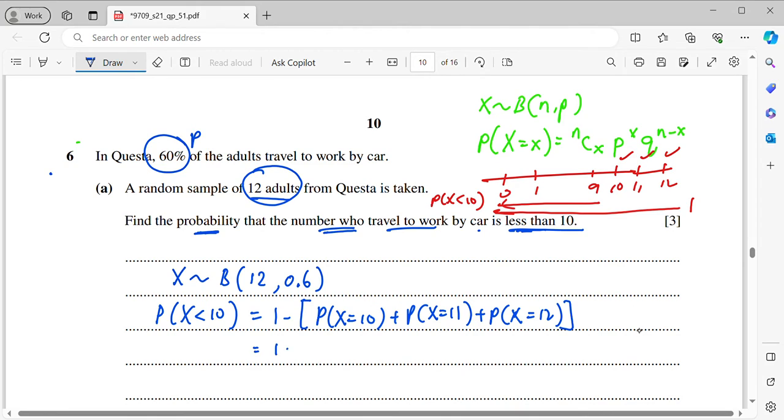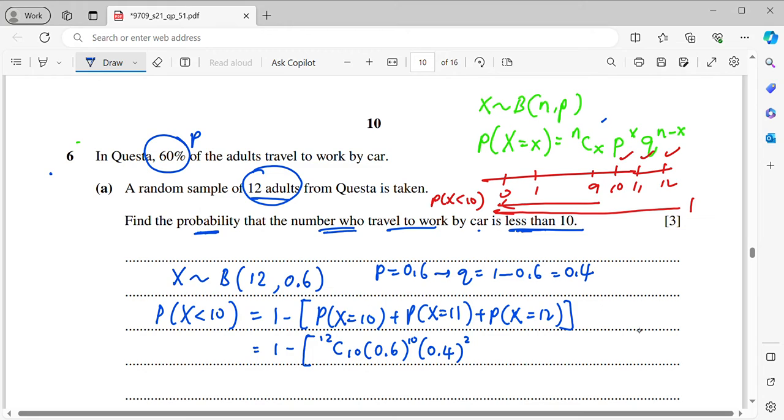Okay, then here will be 1 minus, the formula is NCx, so 12C10, the P is 0.6 degree 10, and then Q is 0.4 degree 2. Right, P is 0.6. That means the Q is 1 minus 0.6, which is 0.4.